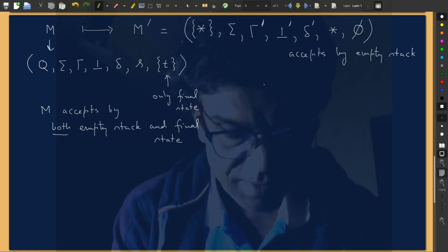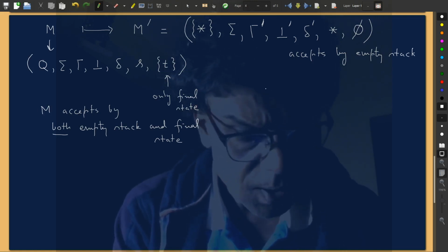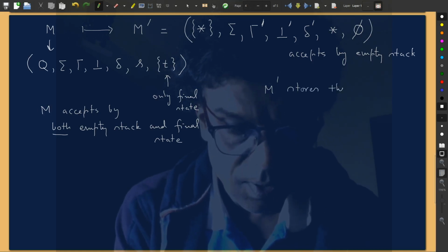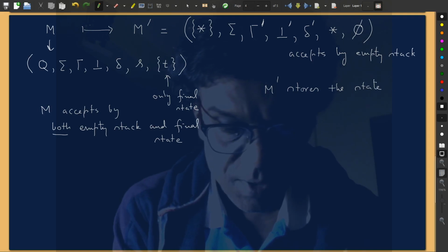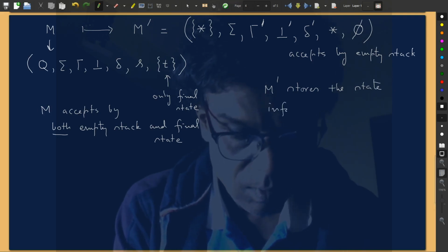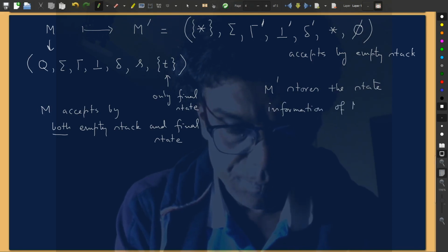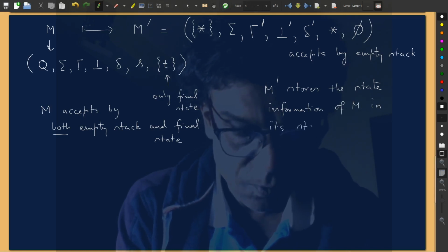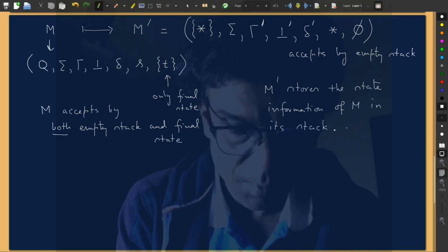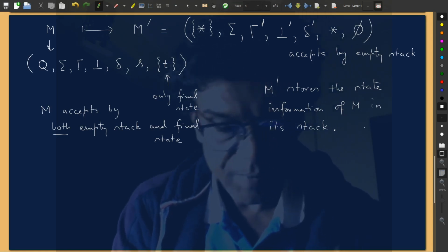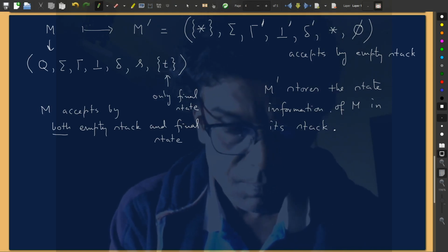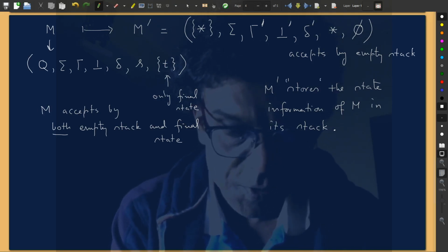So the idea is that M prime stores the state information of M in its stack. But this has to be done very carefully, otherwise the simulation will not be perfect. So how it stores, we will see.